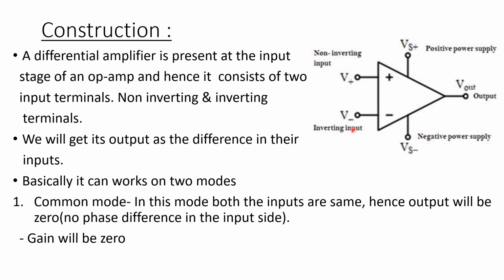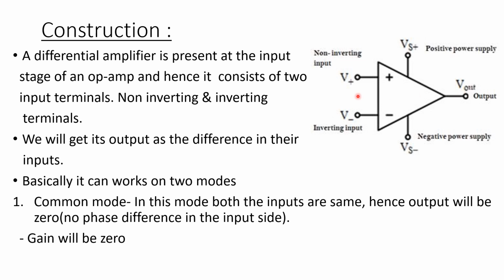terminal, and a minus 5 volt to the inverting terminal, then a differential amplifier gives the output as the difference of the input signals. On the positive side it is plus 5 volt and on the negative side minus 5 volt, so the difference will be 0, and that 0 will be the output voltage.